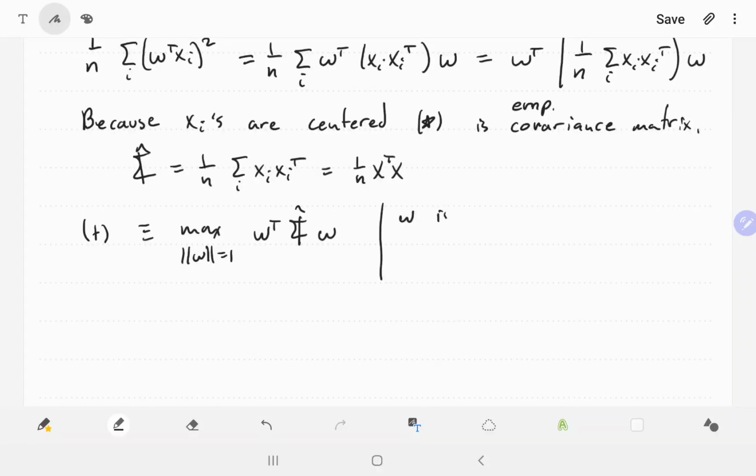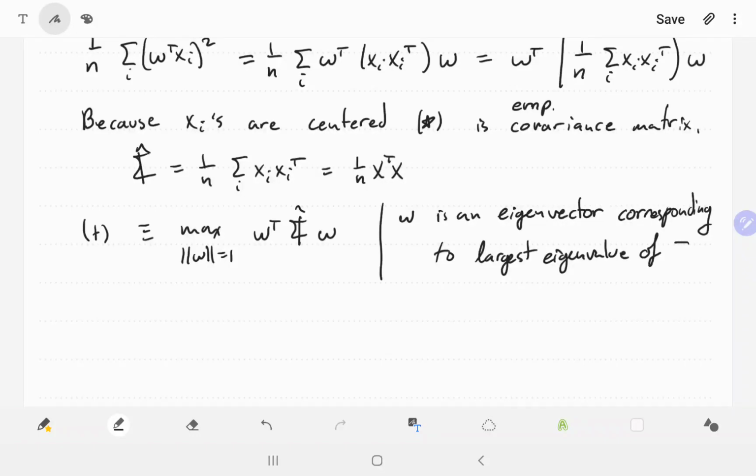In this case, W is an eigenvector corresponding to the largest eigenvalue of sigma hat. So our first observation is that finding the subspace that minimizes the sum of square errors is equivalent to finding the eigenvector that corresponds to the largest eigenvalue of sigma hat.